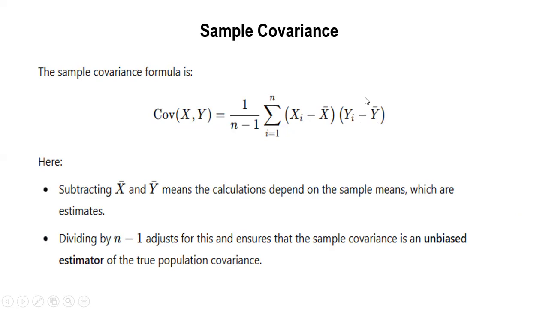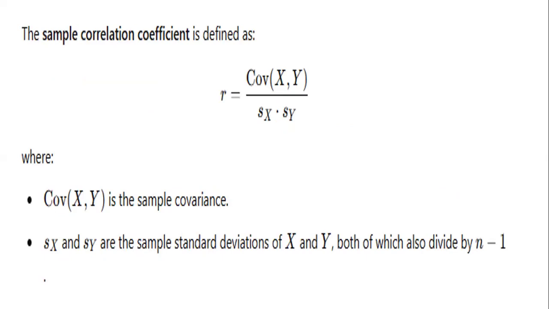This is the population covariance, and when divided by n minus 1, it is called the sample covariance. When this sample covariance is divided by the standard deviations, we say it is standardized, which leads to r, the correlation coefficient.